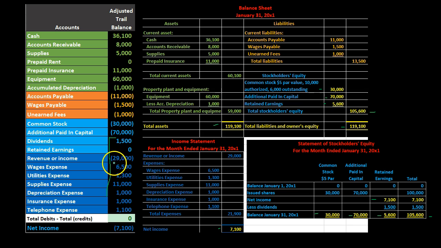We took all these timing accounts and we made them into one permanent account. We took accounts that have a beginning and end and told us just what the end is by summing them up. Then we're telling the story basically of this 5,600 retained earnings through the income statement and the statement of equity. We're telling the activity that happened 1 year prior. That activity, of course, represented in the temporary accounts on the adjusted trial balance.